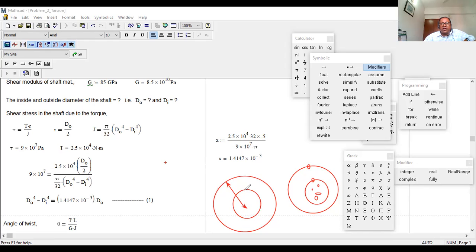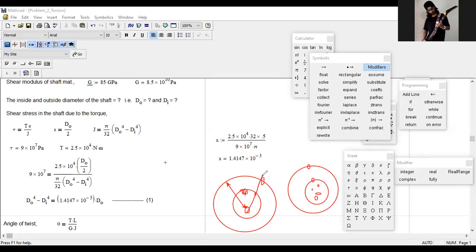For the inner one, the shear stress will be 0 at the center, and right over here it will be maximum. So you'll figure out right over here, and since they're two different materials, make sure it does not exceed the allowable of the material. Same thing for the outer: over here will be minimum, over here will be maximum. Then you take that one.